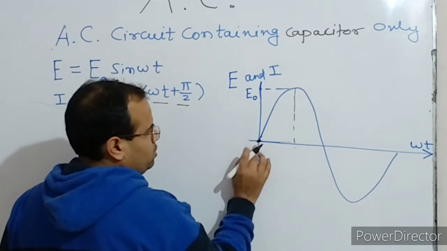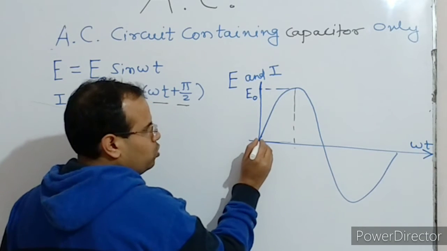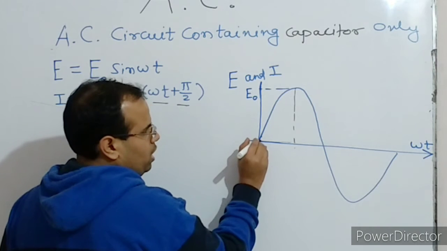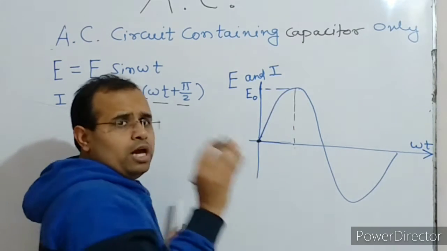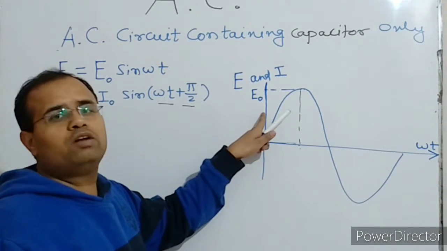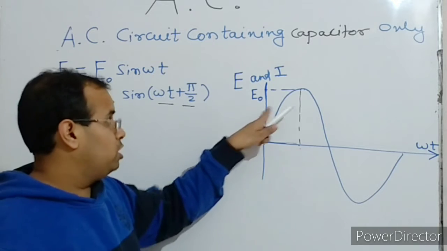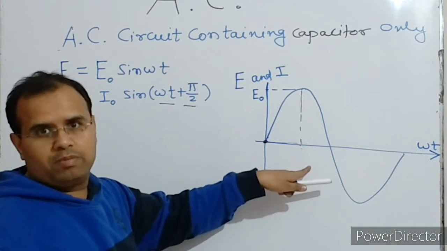See, if we are talking about this particular time, the value of EMF is 0. But after pi by 2 angle, the value of EMF is maximum. So at this point the value of current would be maximum, because EMF gets its maximum value after pi by 2 angle.